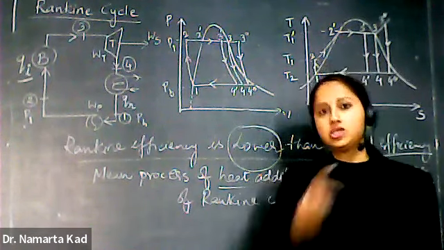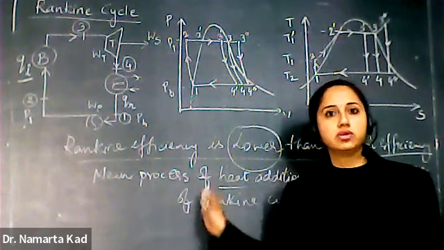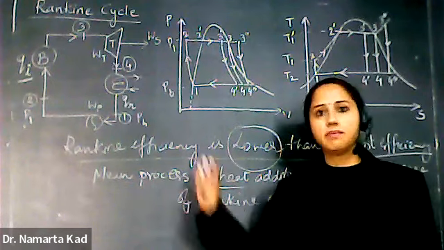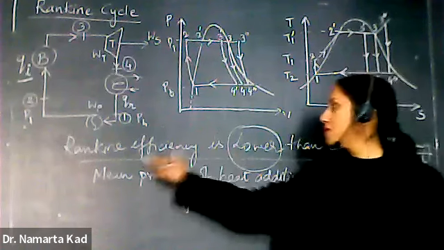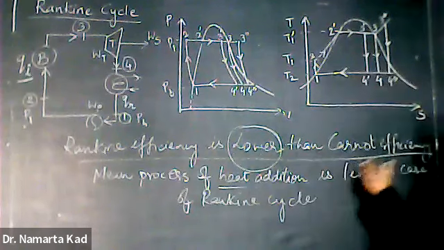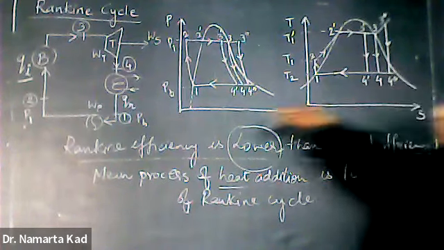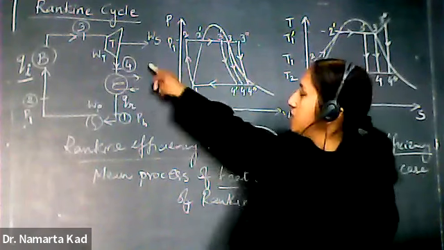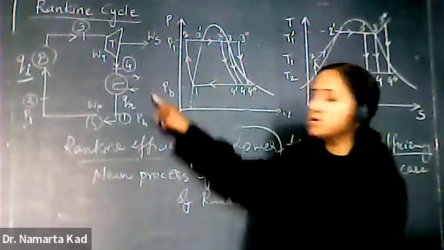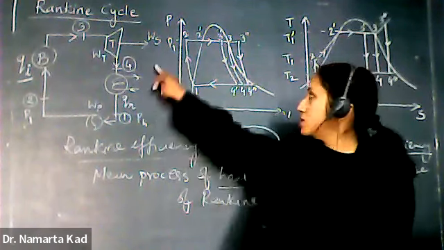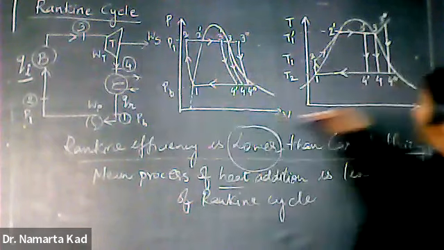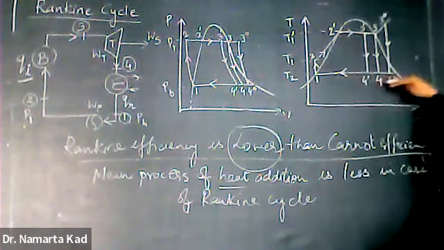But the heat addition is less in the Rankine cycle. So this is the main reason why the Rankine efficiency is lower than the Carnot efficiency. You have seen that in stage 4, 1 the heat rejection takes place at a constant temperature.